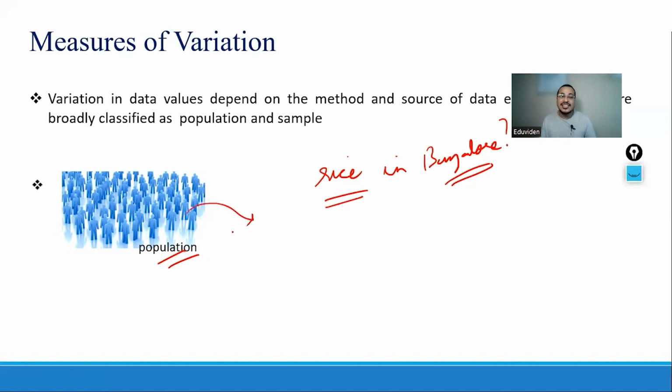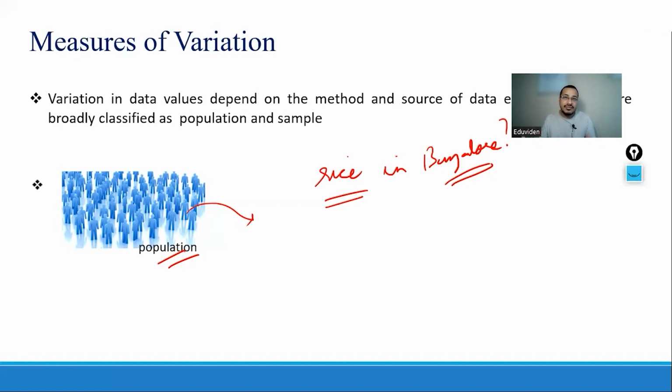We extract a sample from the population so that it becomes easier for us to calculate the average price of rice in Bangalore. Let's say you go to 100 different shops situated in different locations across Bangalore, east, west, north, south, and then you come up with the average price, right? So that becomes your sample mean, the sample average of price.